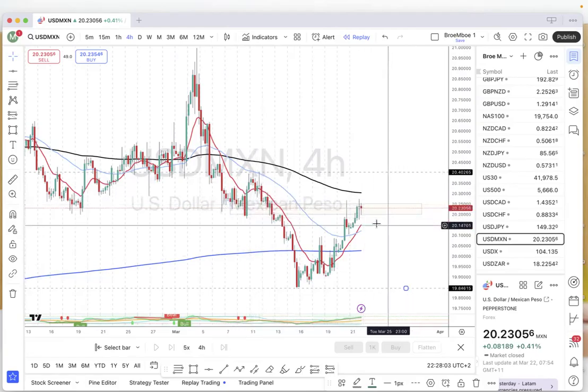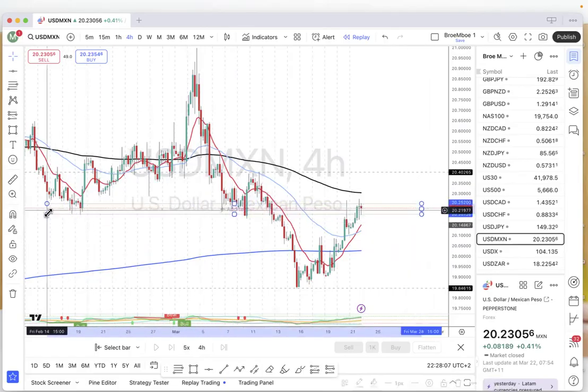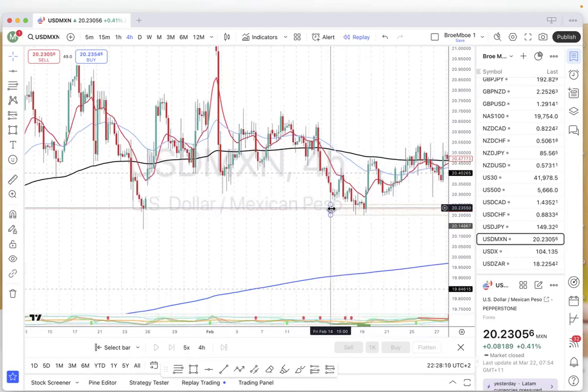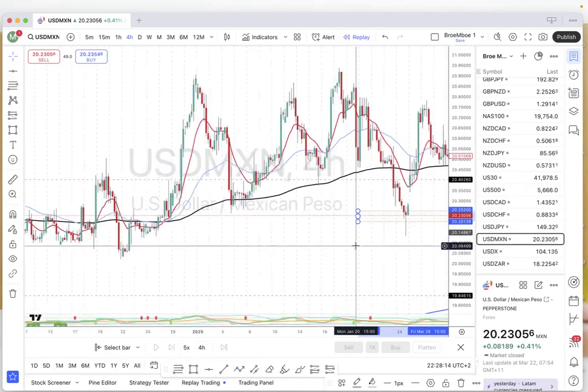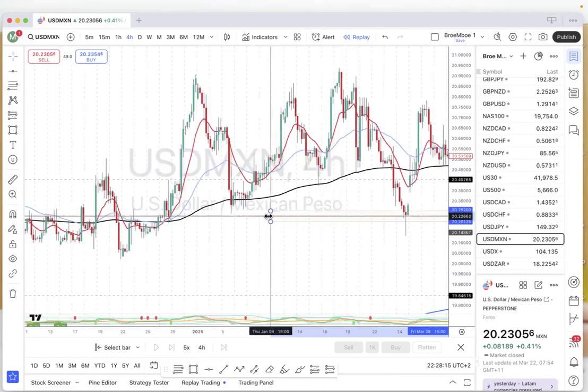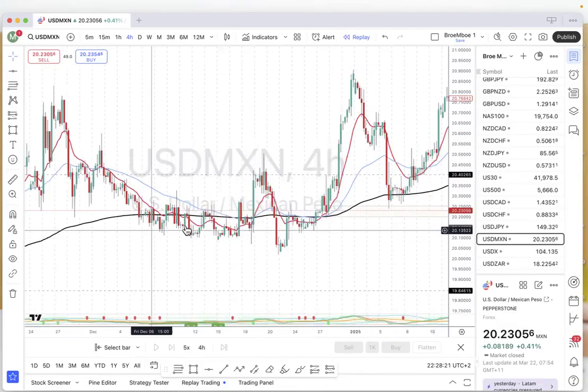So we want to see something happening there. And again, the market reacted on there, right? Look at that. So this is a very strong area where we would expect the market to actually react. The market has been reacting in that area for a long time.